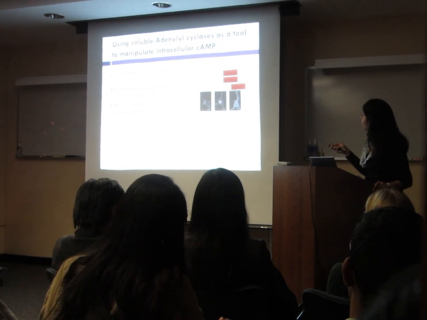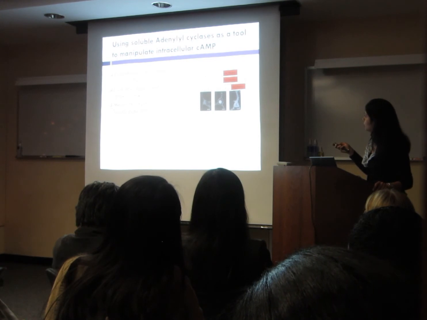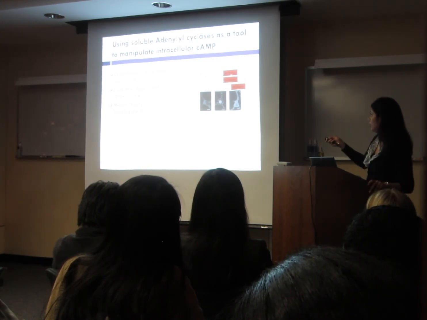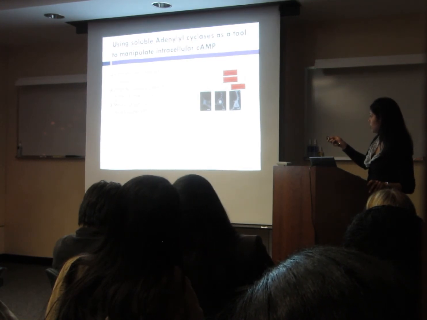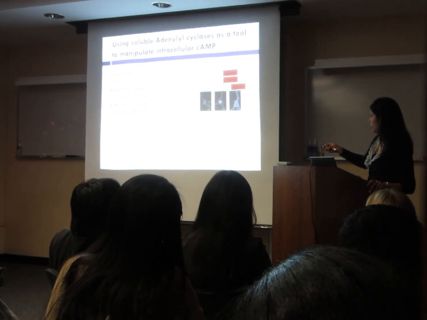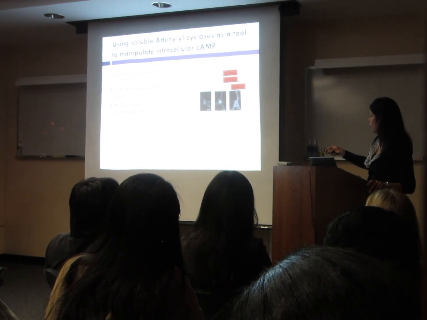So over here we have targeted soluble AC to different compartments in the cell via localization signals, where the nuclear export signal localizes it to the cytosol, the nuclear localization signal to the nucleus, and then the plasma membrane targeting motif targets it to the plasma membrane.